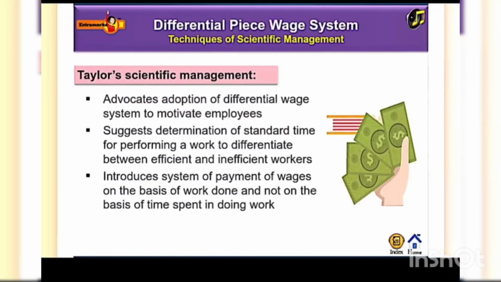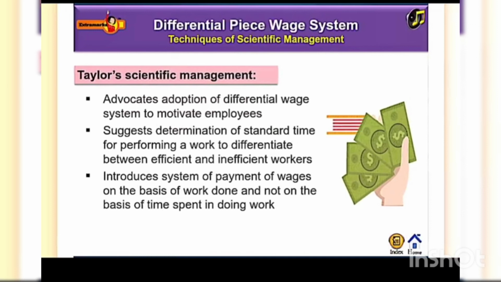Moving on to the last technique given by Taylor, the differential piece wage system. According to Taylor, the standard time and other parameters should be determined on the basis of work study techniques, that is time study, method study, etc. As we have discussed, the workers can then be classified as efficient and inefficient on the basis of the standards.